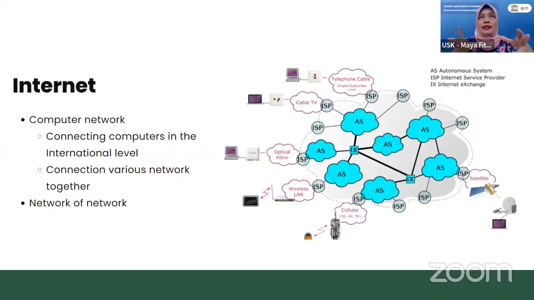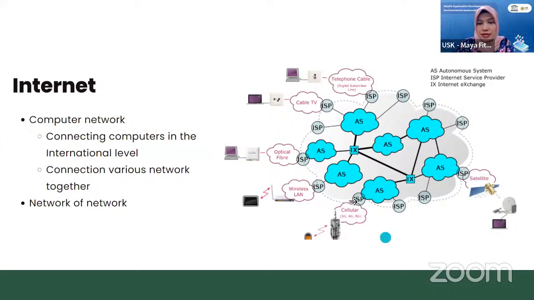A computer network is the interconnection of two or more devices, but the internet is the interconnection of computer networks at global scale, at the international level. So it can be said to be various networks connected together: a network of networks. That's the internet.